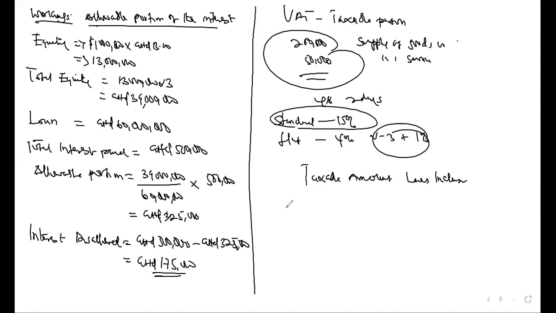And for the VAT system, we use the invoice credit system, which means that we get your input VAT and your output VAT. So at the end of every month, VAT is payable. If you are a VAT registered person, VAT is payable on a monthly basis.